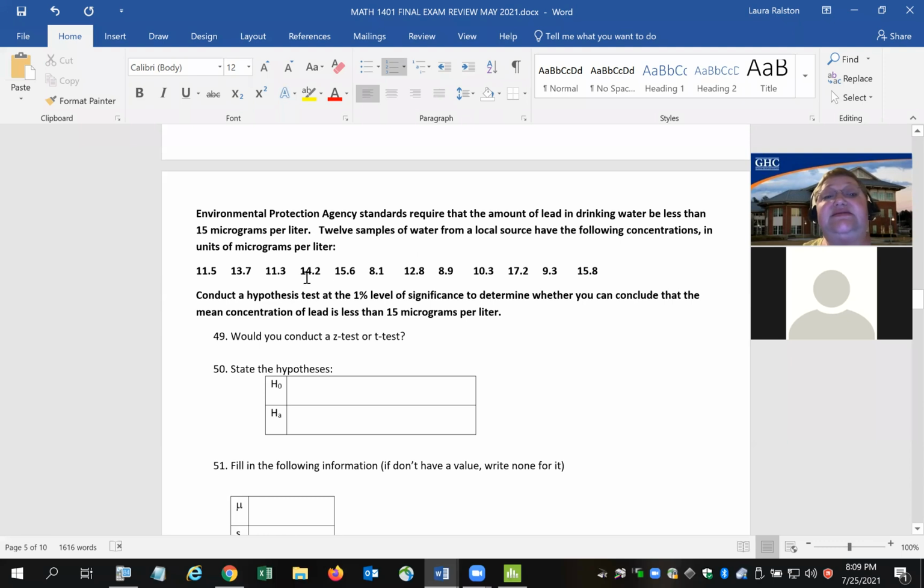But when I put in this data that I'm given, I can find the sample standard deviation. So this would be a 1 mean T test. And again, in this particular example, you have the raw data, and it does not include the population standard deviation.